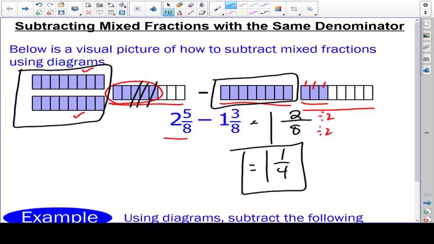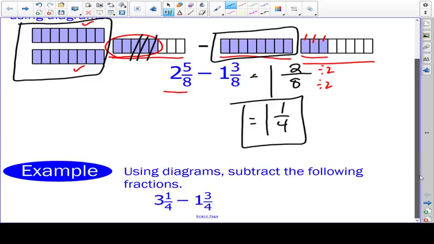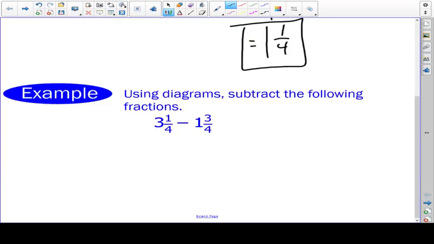So, using diagrams, subtract 3 1/4 minus 1 3/4. So, we have to draw a picture. So we draw a picture of 3 1/4.